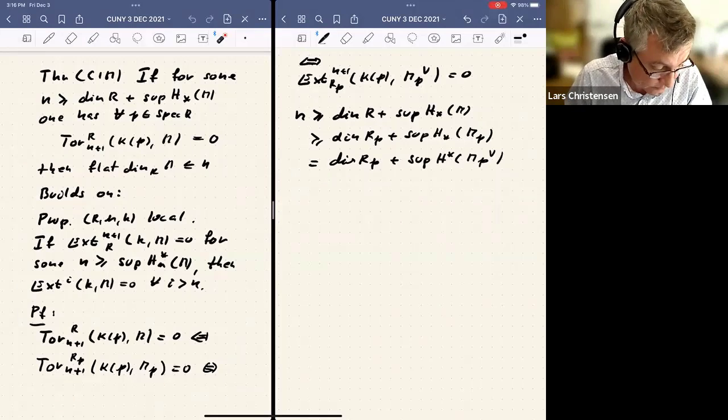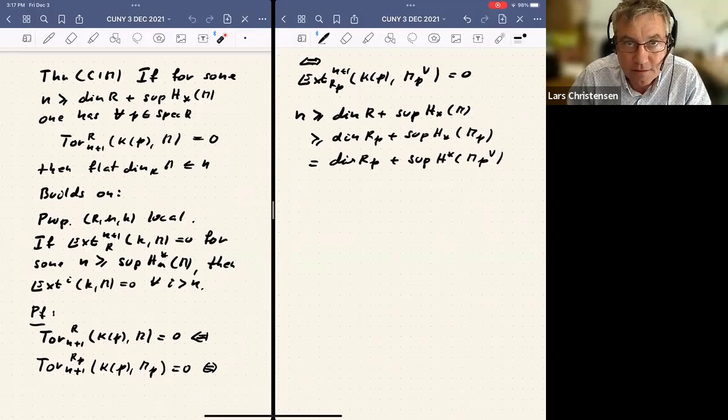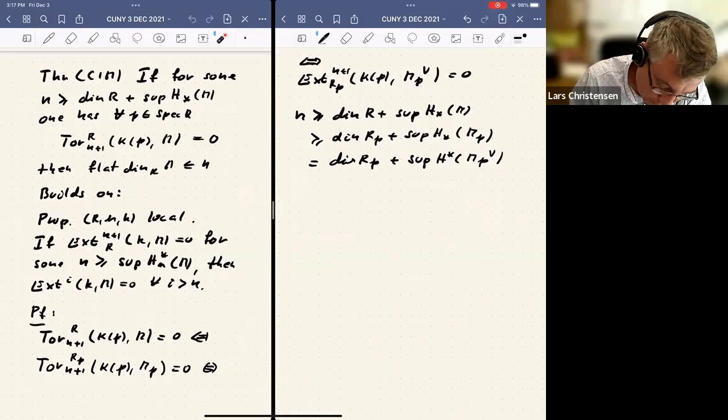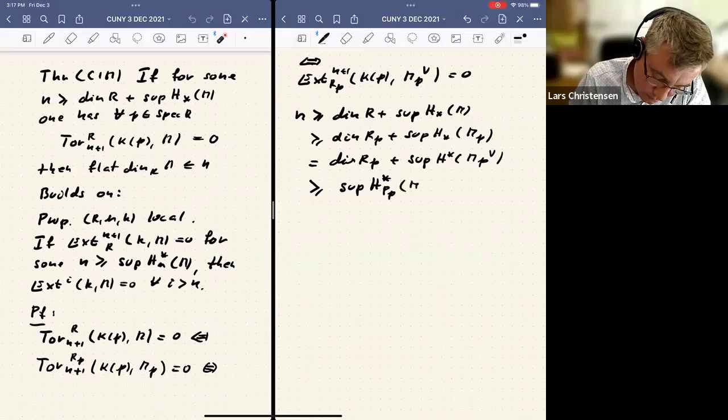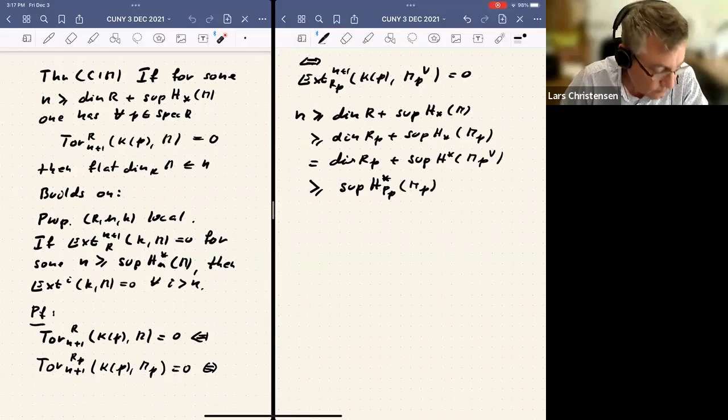So now I've turned it into something that has to do with cohomology, and I know that locally at any local ring, the supremum of the complex plus the dimension of the ring is an upper bound for where local cohomology vanishes. So this here indeed is an upper bound for where the local cohomology of M_p matrix dual vanishes.